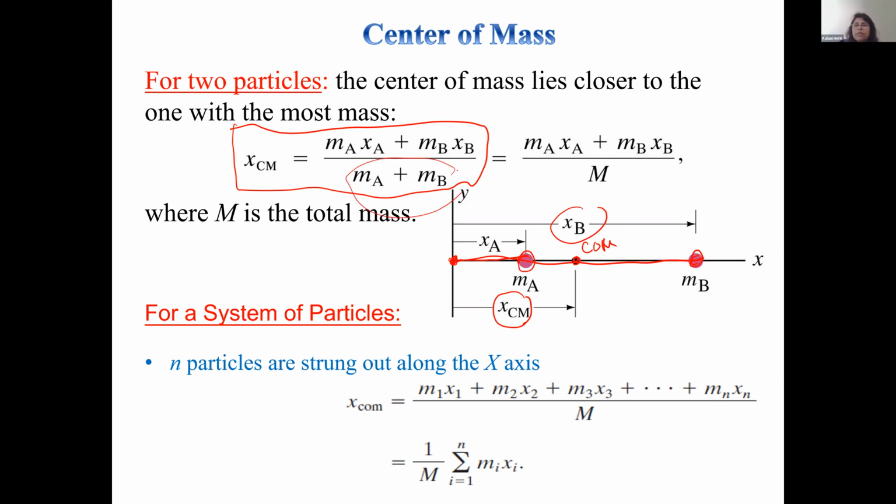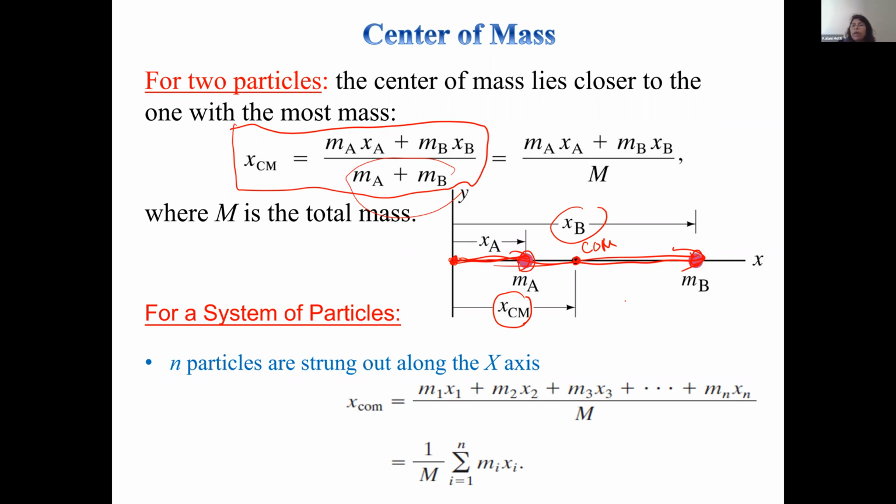Very simple, right? But sometimes your XA and XB will be negative according to the point that you choose. In this case, I have both in positive coordinates, right? But if you have something in a negative coordinate, then you definitely need to use the negative value. But in your class, mostly we use the positive cases.